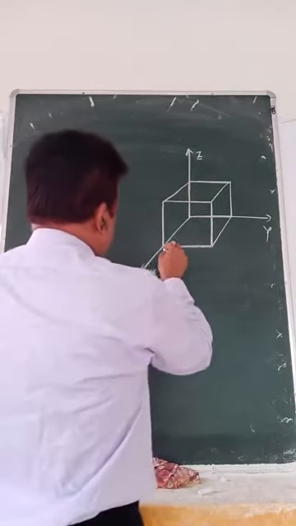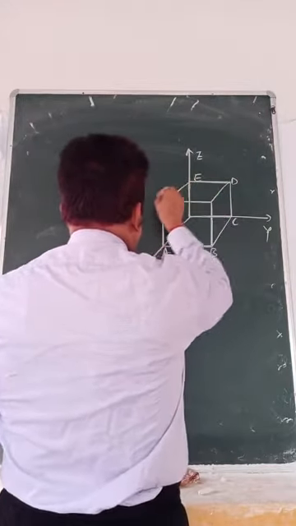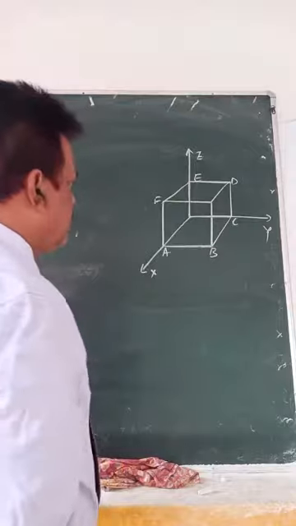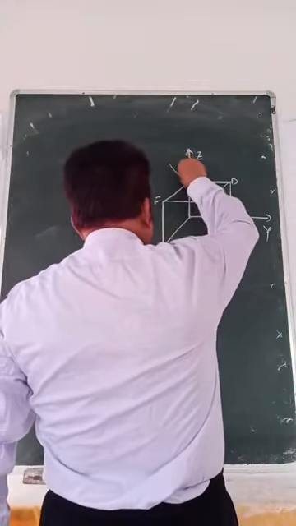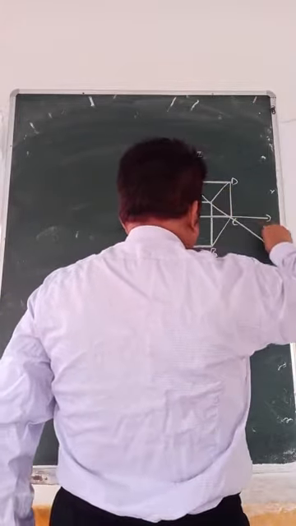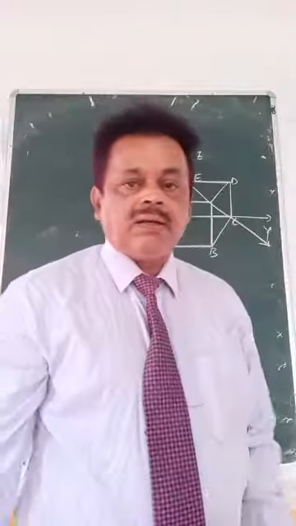So suppose this is A, B, C, D, E, F. Okay. Now if I join these two, where is this line? This is not in one plane.